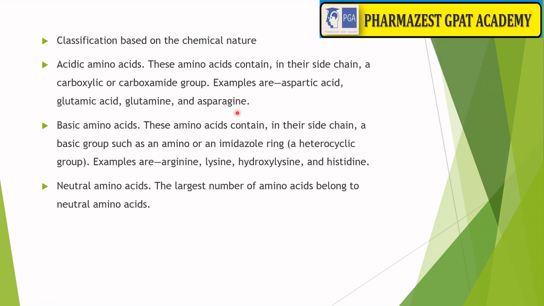Next, coming to basic amino acids. As the name itself indicates, basic amino acids contain an amino or imidazole ring in their side chain. Acidic amino acids contain carboxylic acids in the side chain, whereas the basic amino acids contain amino groups in their side chain.